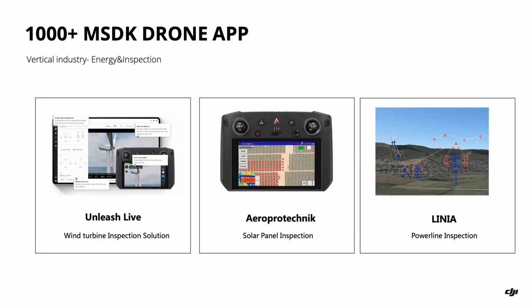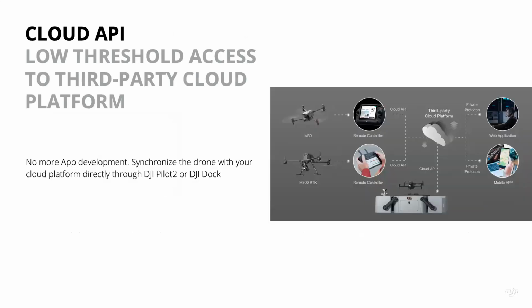You can also combine this real-time video with built-in AI algorithms to generate inspection results in a faster period of time. You can see some examples here, including Unleash Live with their wind turbine inspection solution, solar panel inspections, and power line inspections as well, where custom drone routes are able to cater to these specific energy sectors.